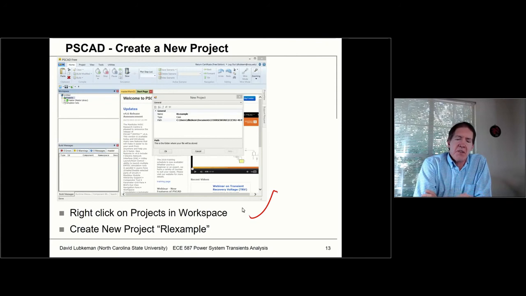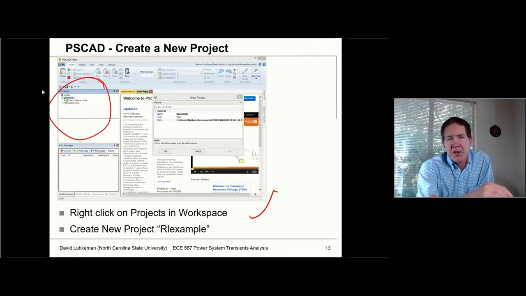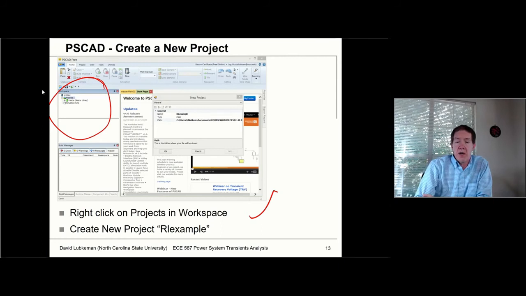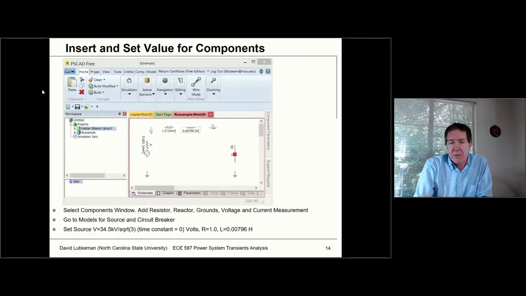In the PSCAD lexicon, you would have your workspace where all the different projects are available, and then you can add a new project. In this case, this is going to be called our example. I'm going to give you the PSCAD file so you can load this directly instead of having to create it from scratch, but I think it would be a good exercise for you to create this from zero.